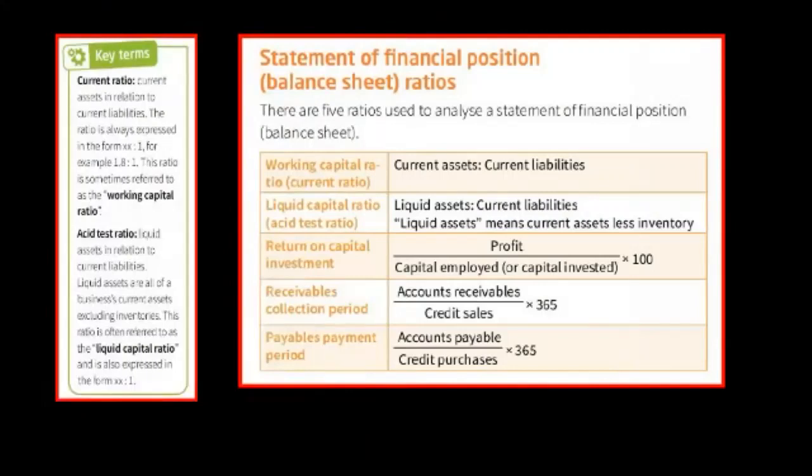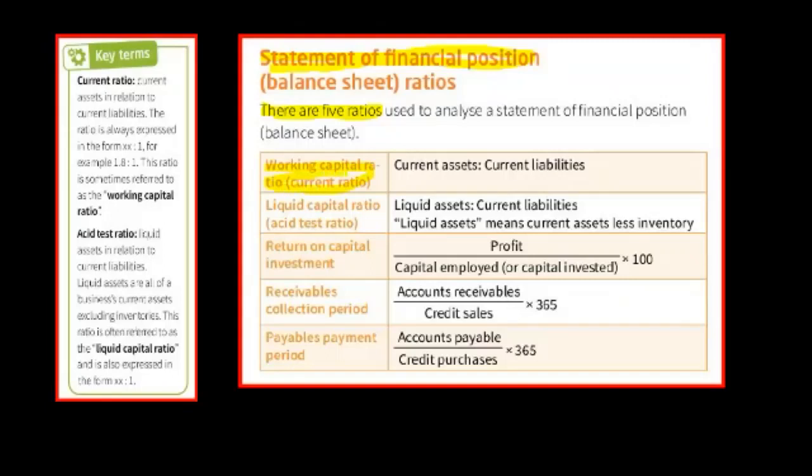And finally, we get to the balance sheet, where we have ratios too. A statement of financial position is also what it is called. We have five ratios here that we need to know. The first one is the working capital or the current ratio.